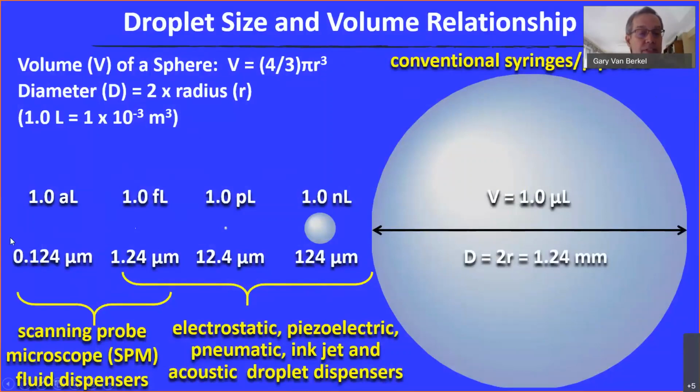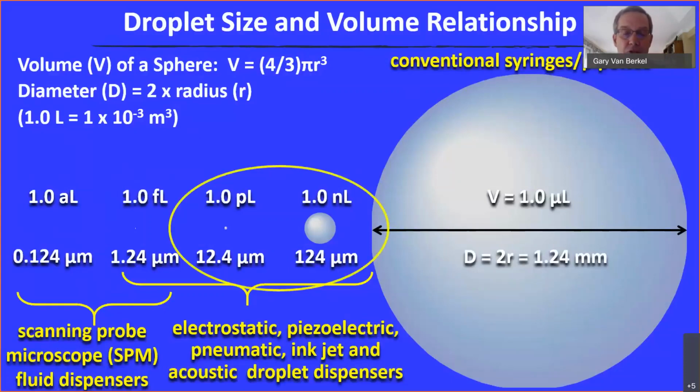If you get down to attoliter sized droplets, the only way currently available to make those is with things like scanning probe microscope probes. But from femtoliter all the way up to nanoliter, there's different types: electrostatic, piezoelectric, pneumatic, acoustic, as I've talked about. And what I'm interested in here for mass spectrometry is this picoliter to nanoliter volume range. That's what I'm going to discuss.